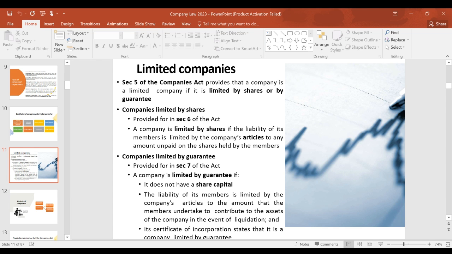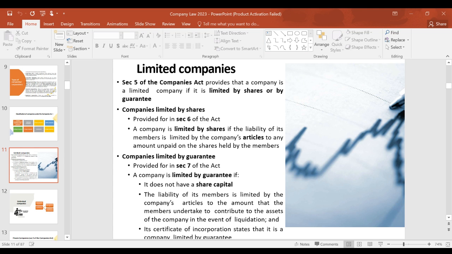As I gave an example in a previous slide, if one has guaranteed the company to 1 million of debt burden, then if a company is being wound up, they are only liable to the extent of what they have guaranteed that they will provide towards the capital, towards the debt of that company.